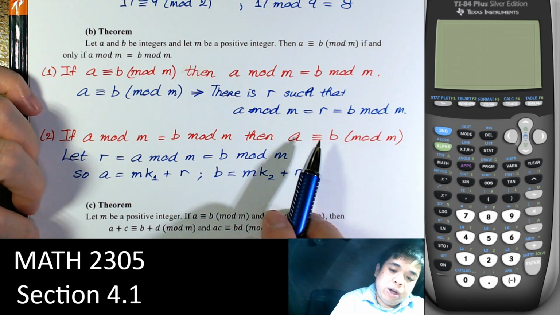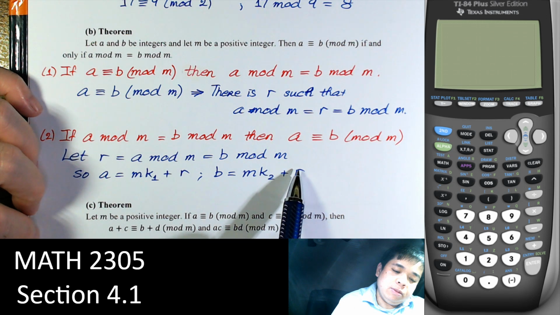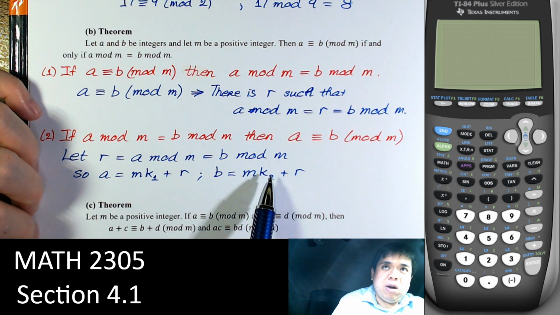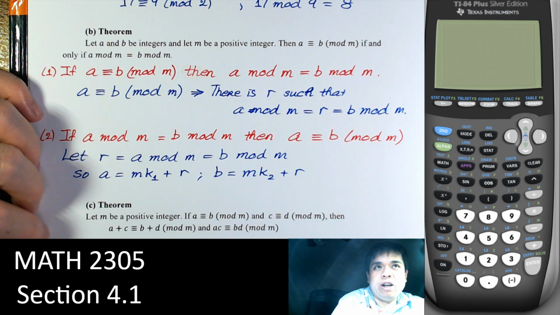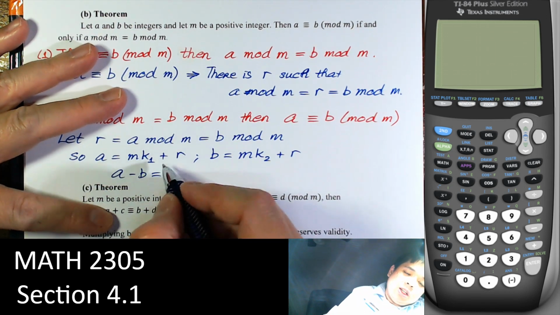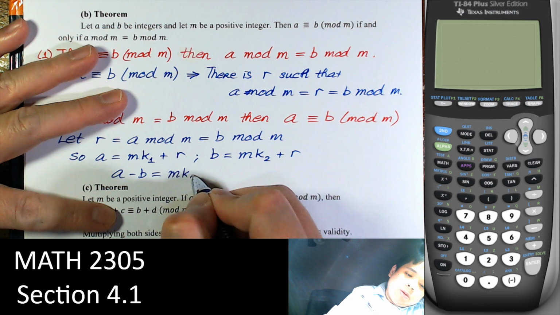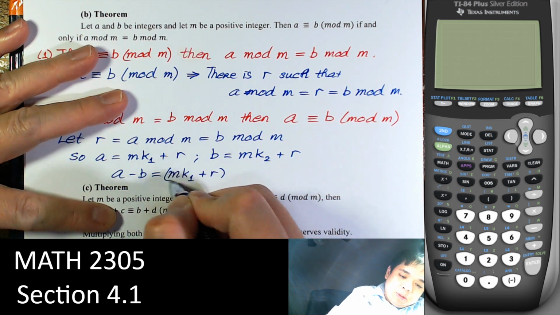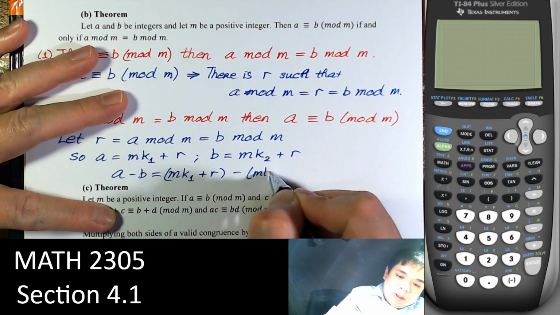Now we need to show that they are congruent. Of course they have the same remainder, then yes, but let's just prove it a little differently. a minus b is then equal to m k1 plus r minus m k2 plus r.